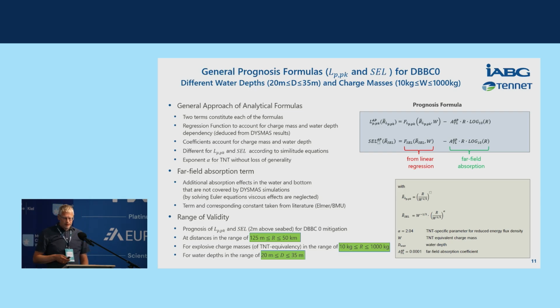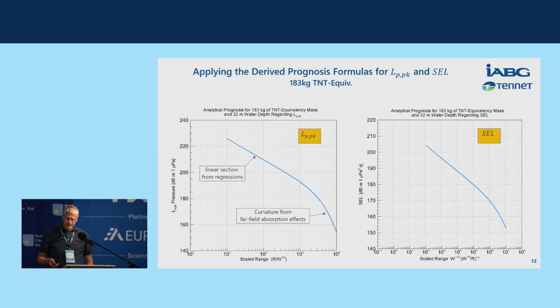And the prognosis formula is valid for quite a long distance, from 125 meters to 50 kilometers away from the detonation, for charge masses of 10 kilograms to 1,000 kilograms, as well as for water depths of 20 meters up to 35 meters.